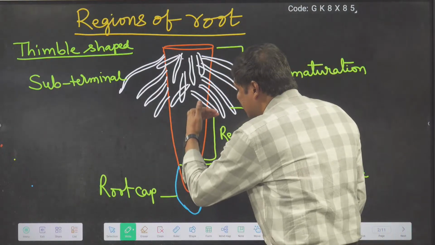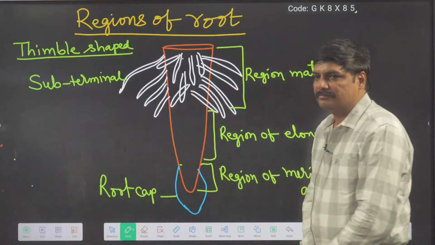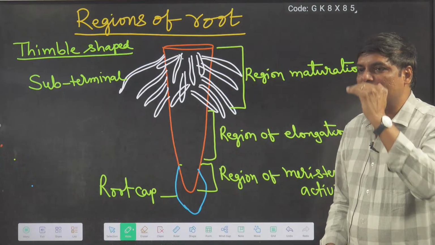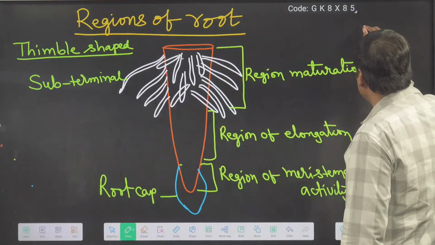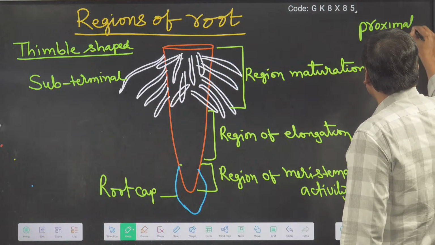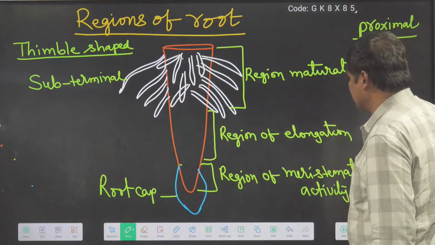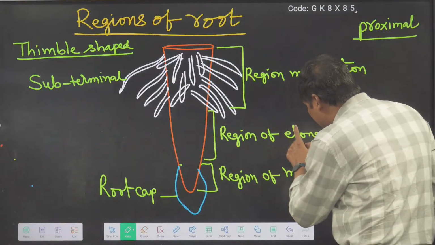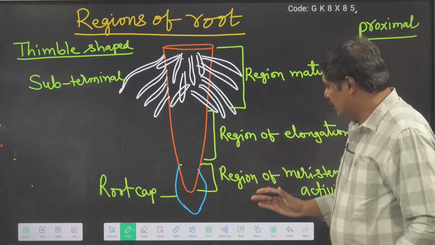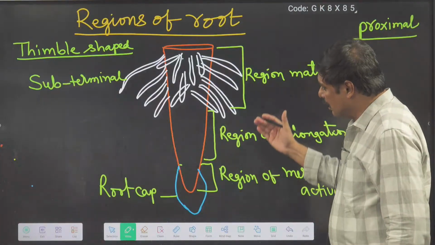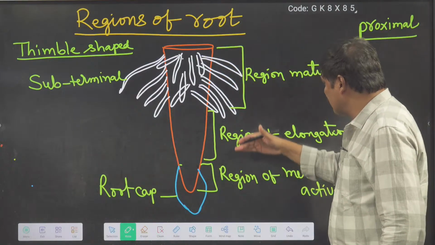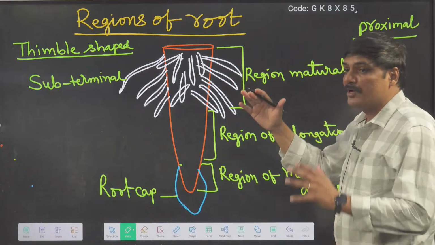Just above the region of meristematic activity, that means proximal to it, there is the region of elongation. The region of elongation lies between the region of meristematic activity and the region of maturation.